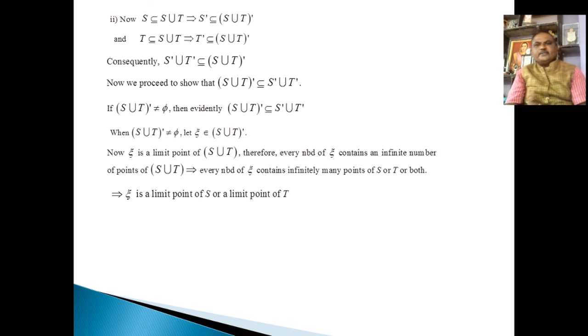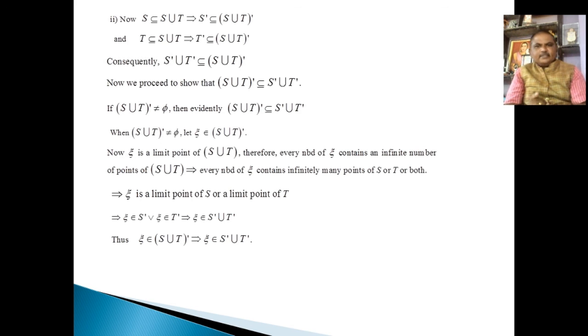This implies zeta is a limit point of S or zeta is a limit point of T. Again this implies zeta belongs to S' or zeta belongs to T'. This implies that zeta belongs to S' union T'.